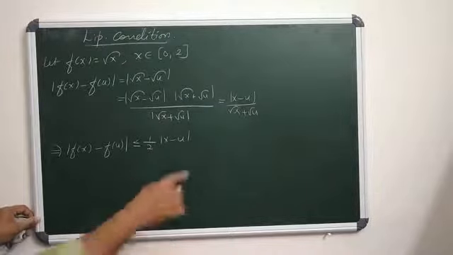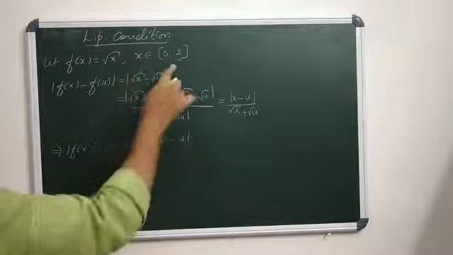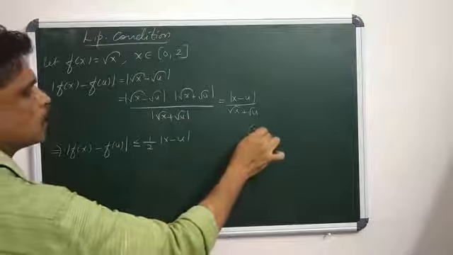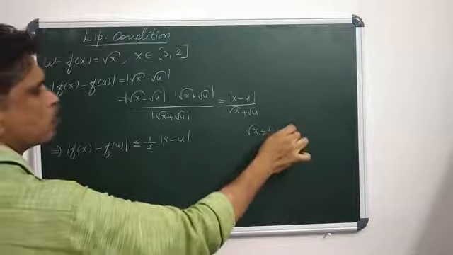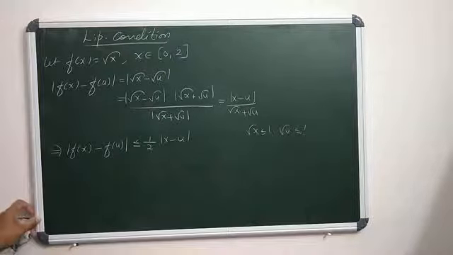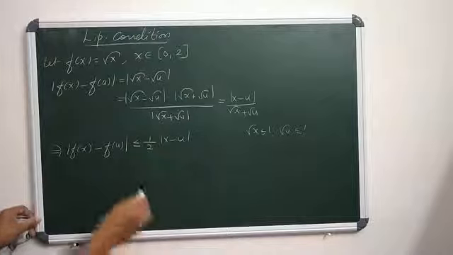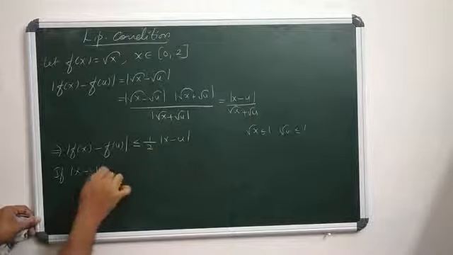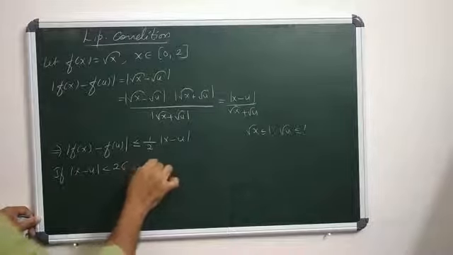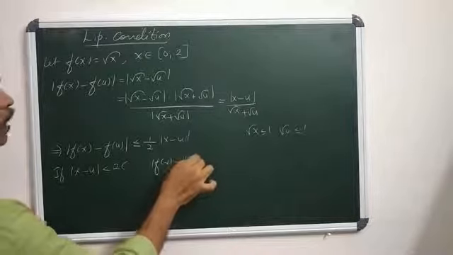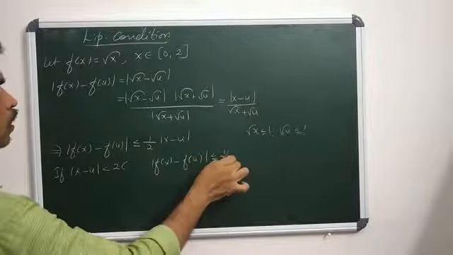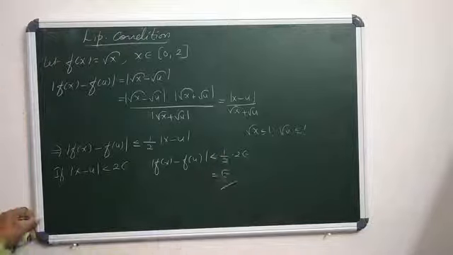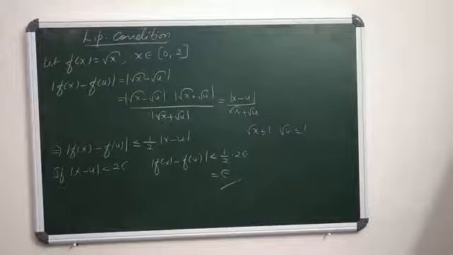Why? Because x is in the closed interval 0 to 1, so root x is less than or equal to 1, and root u is less than or equal to 1. If modulus of x minus u is less than 2 epsilon, then modulus of f of x minus f of u is less than or equal to 1 by 2 into 2 epsilon, which equals epsilon. Therefore, f is uniformly continuous.